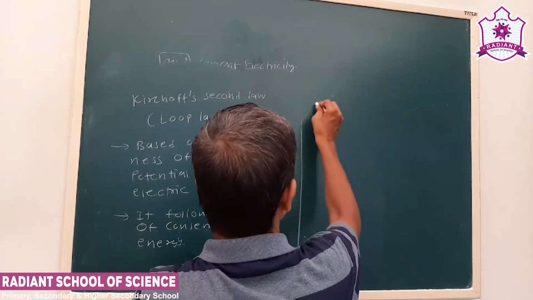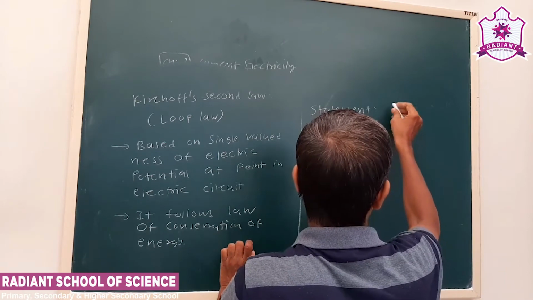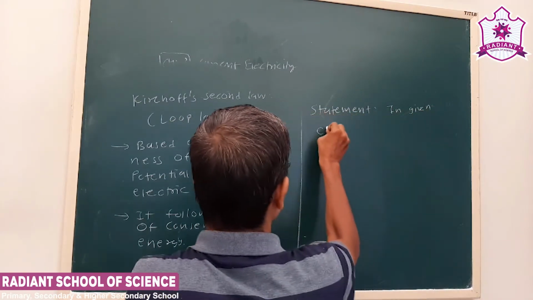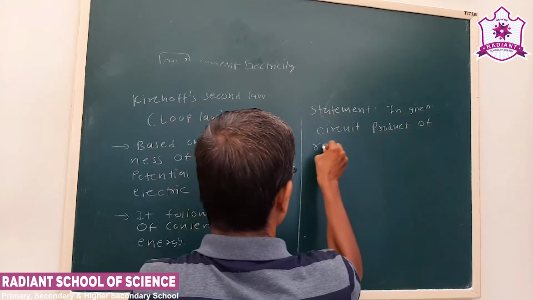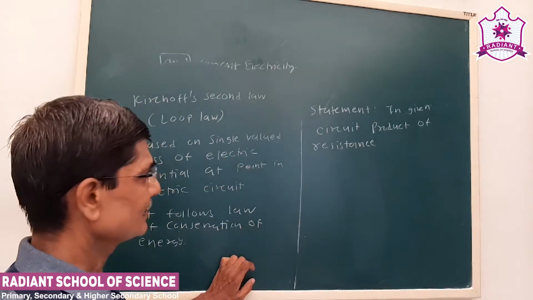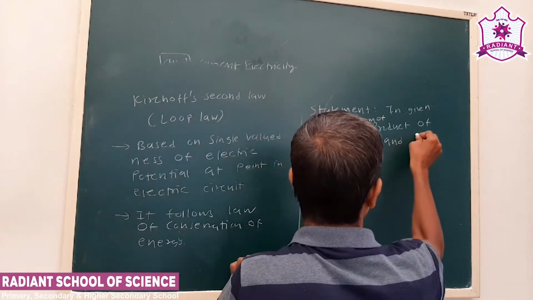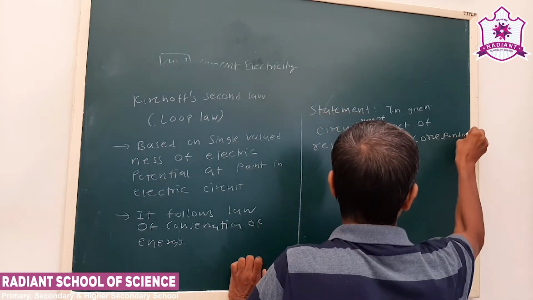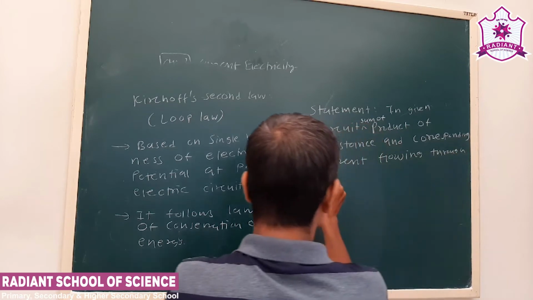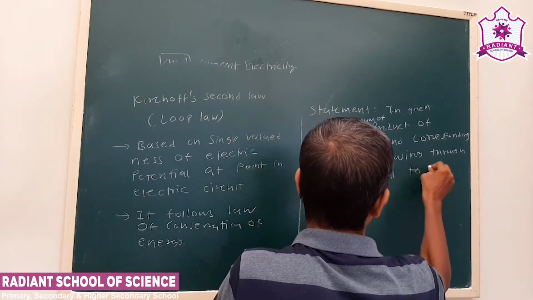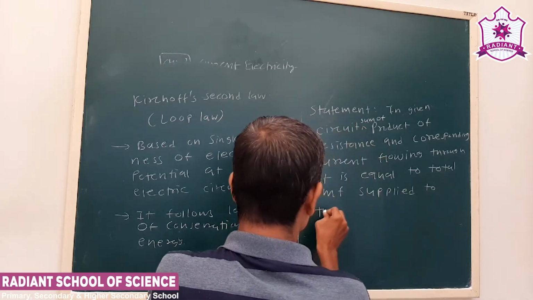Now see the statement part. In a given circuit, the sum of product of resistance and corresponding current flowing is equal to the total EMF supplied to the circuit.